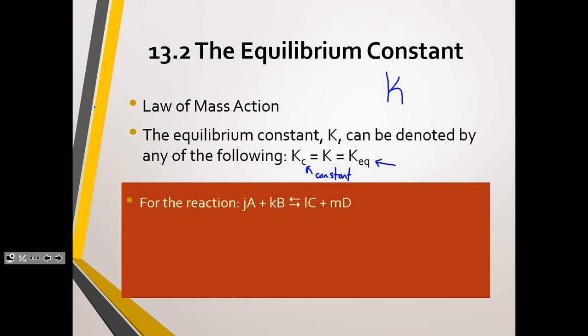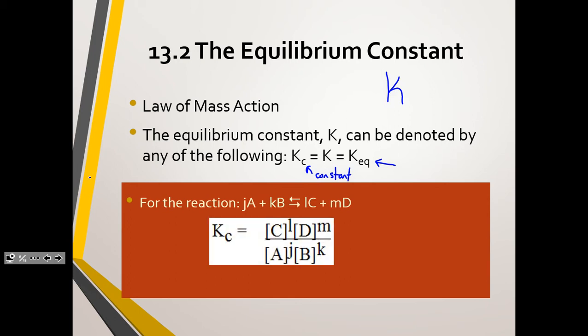So let's take a general example here. A plus B yields C plus D. You'll notice that it is in equilibrium. We have coefficients J, K, L, and M. Here's the general form for an equilibrium reaction.